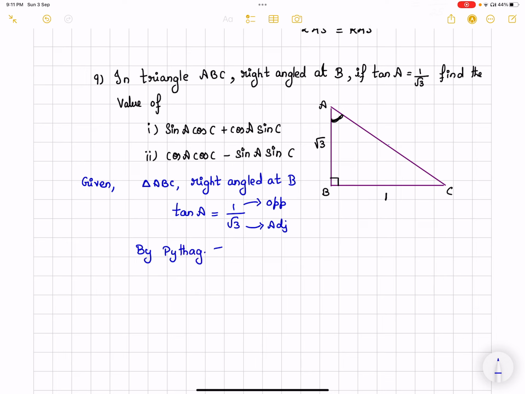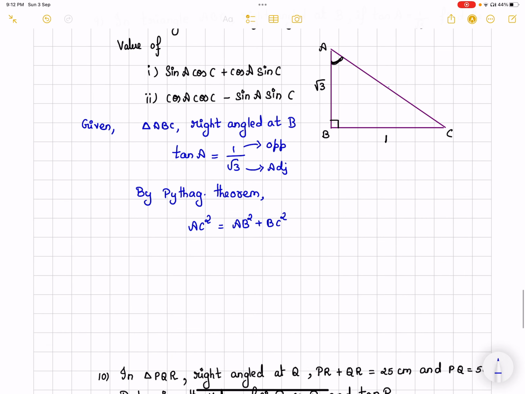By Pythagoras theorem, we have hypotenuse square AC square is equal to AB square plus BC square. So AC square is equal to root 3 the whole square plus 1 square.